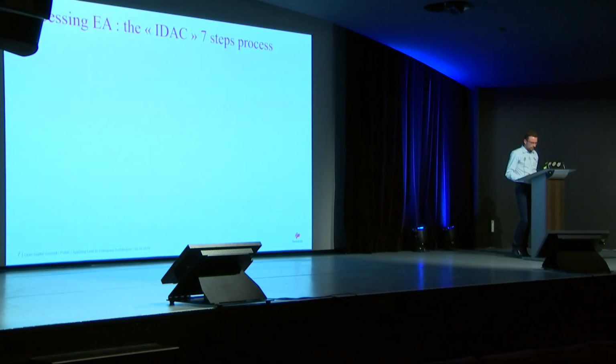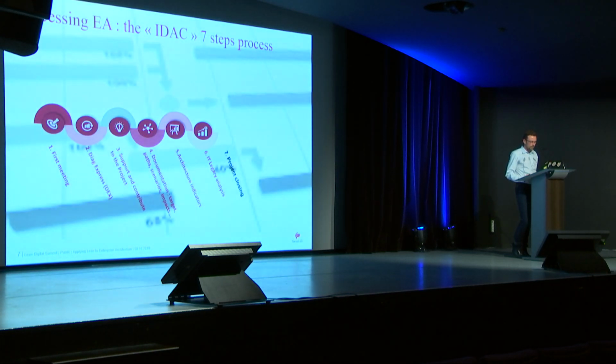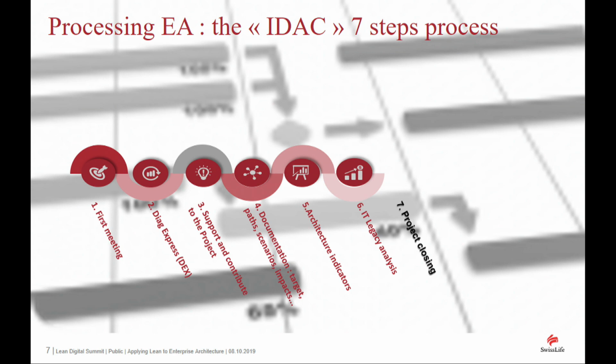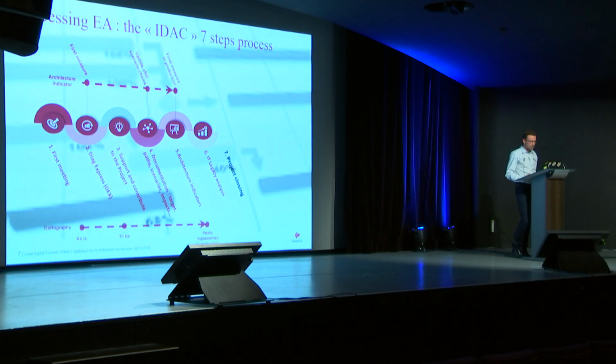Fortunately, it all began with a process. We had a 7-step process called IDAC, which supports 3 assets that we deliver along the functional architecture work at Swiss Life, which are, first, the indicators, the cartography, and the architecture credits and debts at the end.